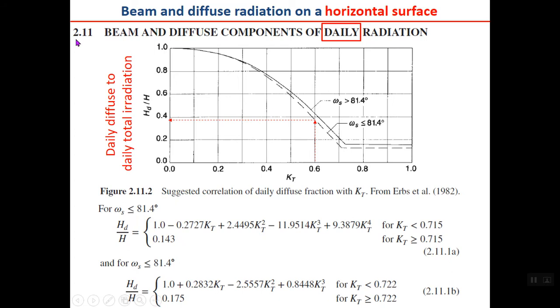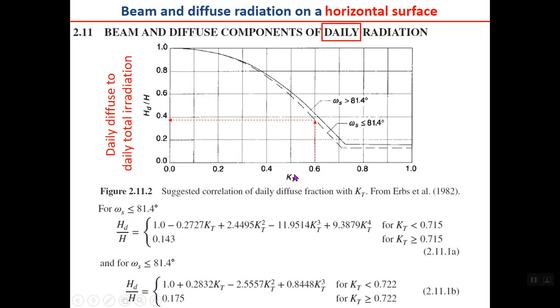In section 211, the same will be followed, and the topic is beam and diffuse component of daily radiation. Again, a lot of researchers did the same work, and this is one of them, from Erbs in 1982. As you can see, again you have KT, capital K, because this is the daily radiation, the daily clearness index.